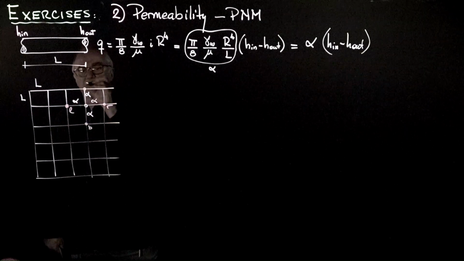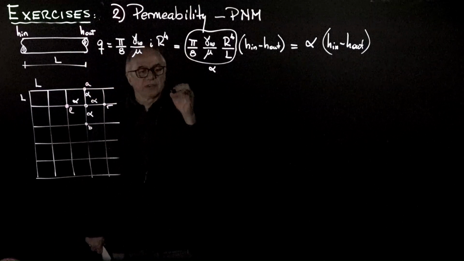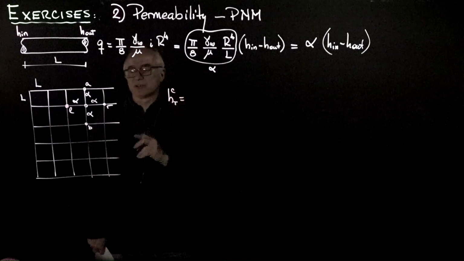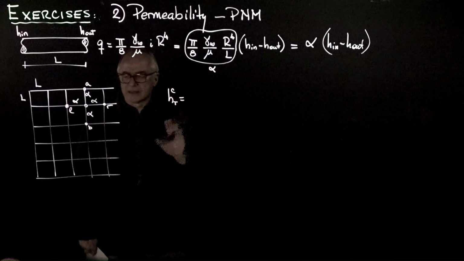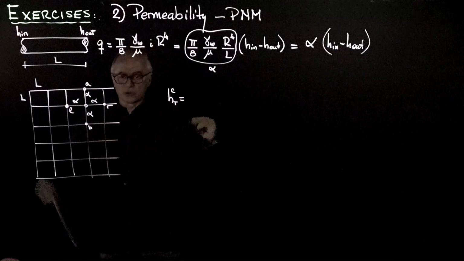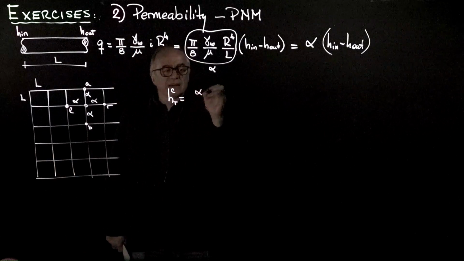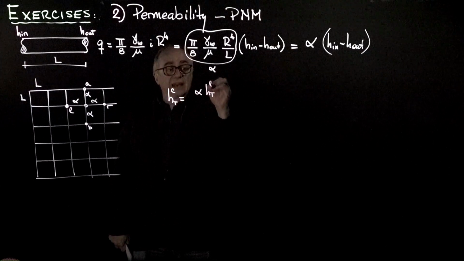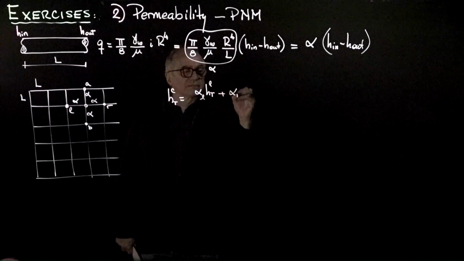And so we are going to, once again, call this one to the left, this one to the right, this below, and that one above. And as you may remember, go back to the previous video, the H total at the center is going to be, these are tubes, this is no finite difference of Laplace. This is mass conservation at the node where 4 tubes converge in this case. It's going to be alpha H total to the left, H total to the left, alpha to the left, plus alpha.